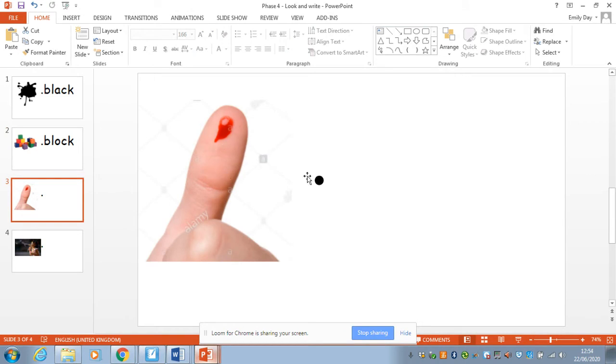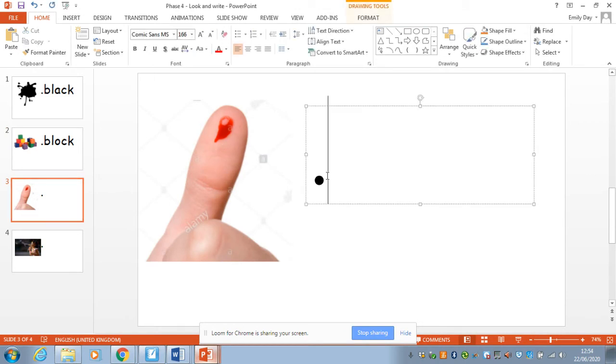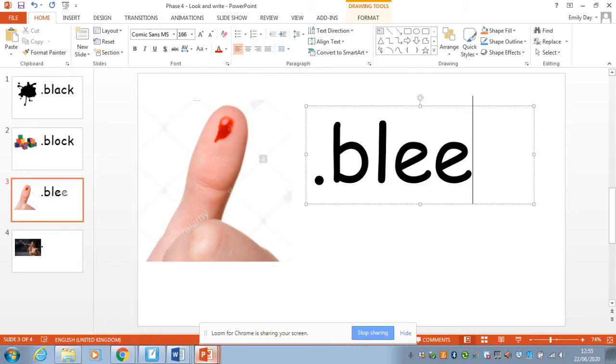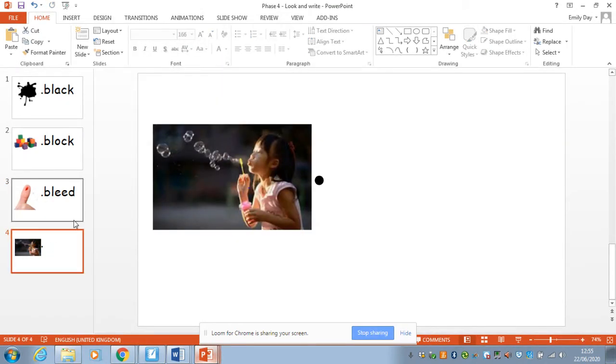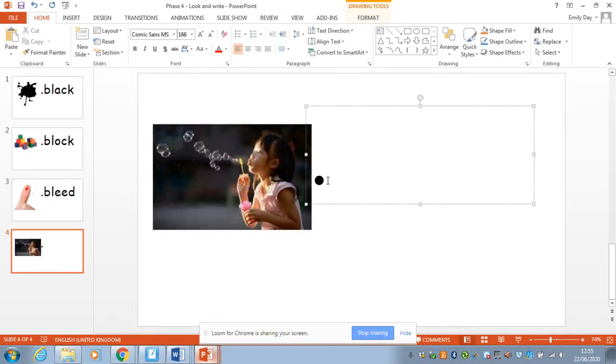Oh no, someone's thumb in this picture is bleeding, so we're going to write the word bleed. Now you should be able to remember the graphemes for bl. That's it, it's a b and an l, bl, ee d, bleed. And last but not least, this is a picture of a little girl blowing some bubbles.